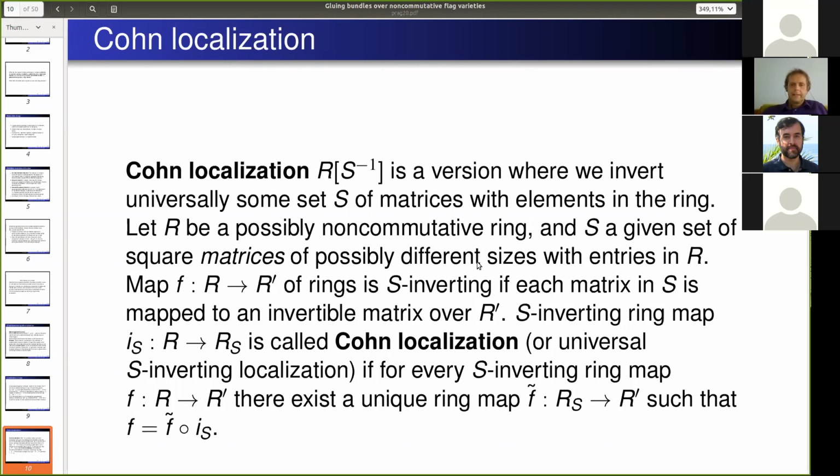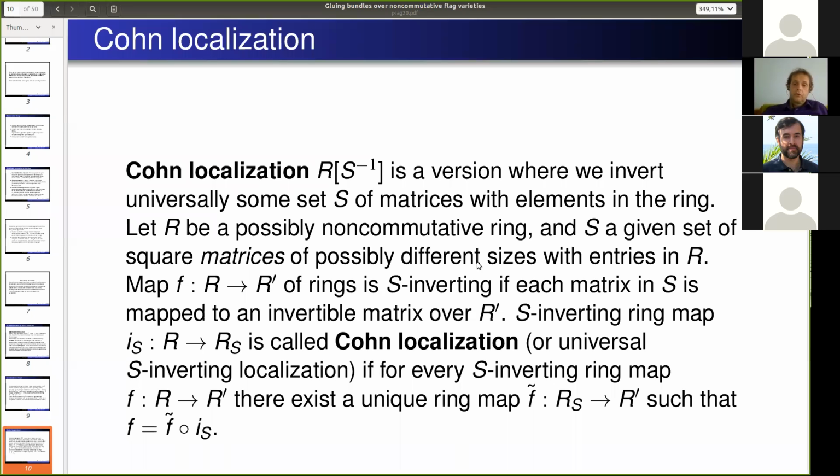So what is Cohn localization, or universal localization, is when you invert in a universal way a set of matrices. So you choose some matrices and you say, I want them to be invertible. And you look at the universal ring which has everything from before, so it has a map from the original ring to that ring, and every other map into some other ring where the images of these matrices are invertible factors through this morphism.